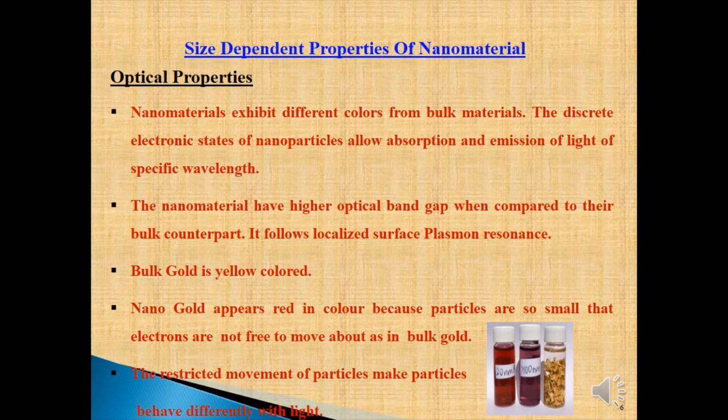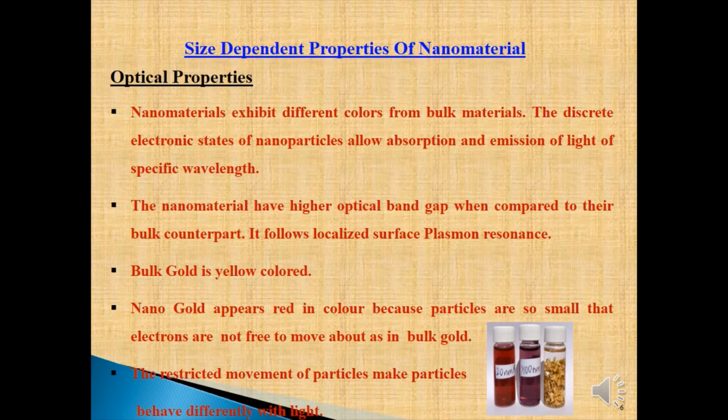Bulk gold is yellow in color. You can see in the below diagram the bulk gold is yellow, whereas the nano gold appears red because particles are so small that the electrons are not free to move about as in bulk gold. The restricted movement of the particles makes them behave differently with light.